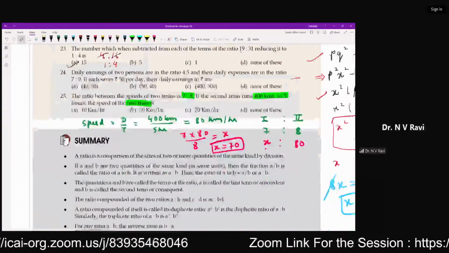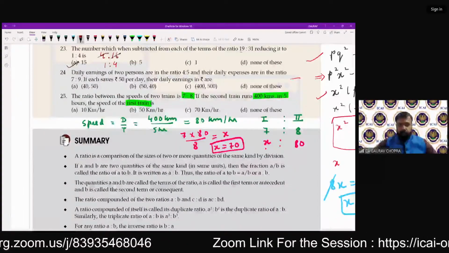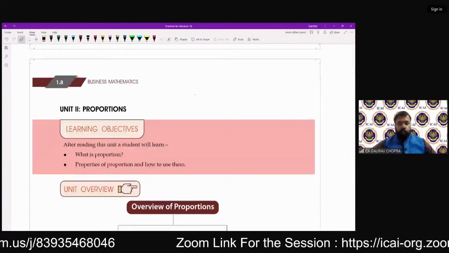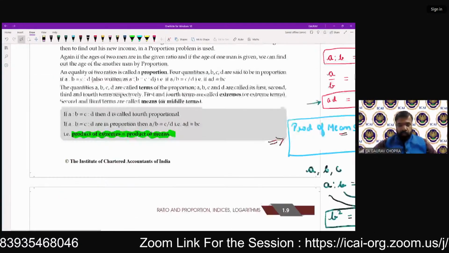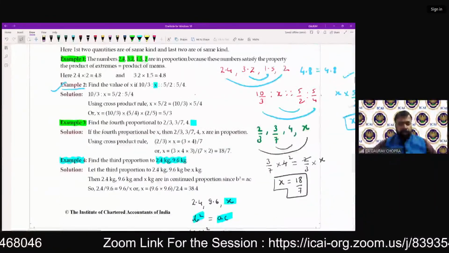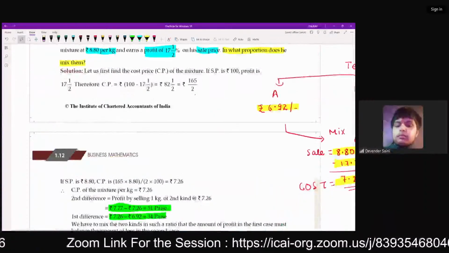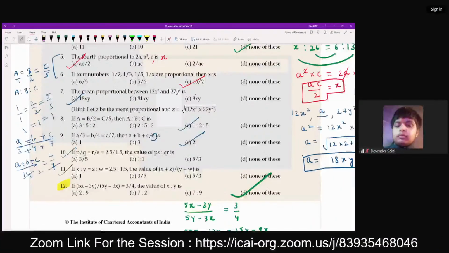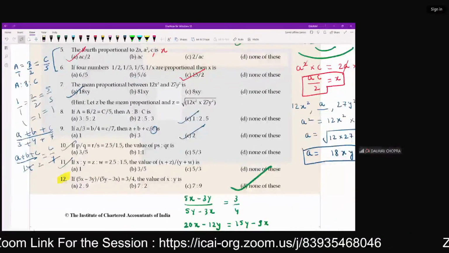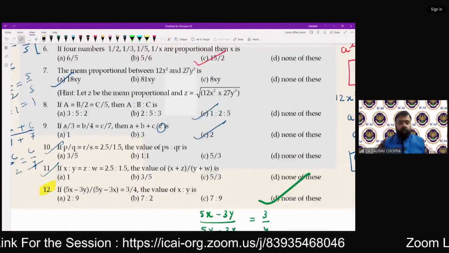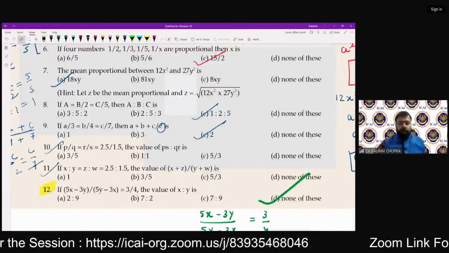Yeah, you can further move to other questions, sir. Okay, sir. So then Devinder has asked from proportion. So Devinder, it was question number 8, right? Yes, sir. So it says A is equal to B by 2 is equal to C by 5.